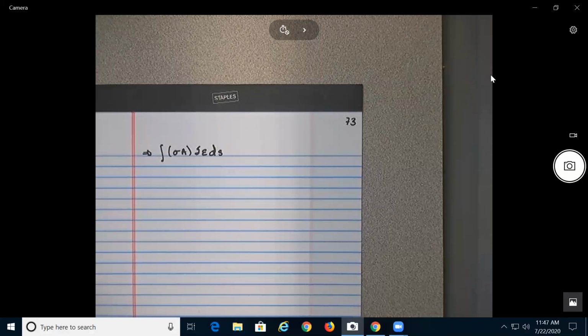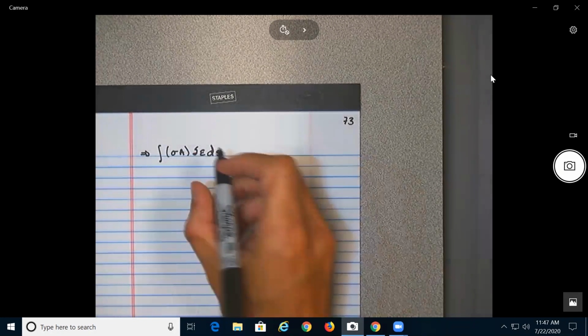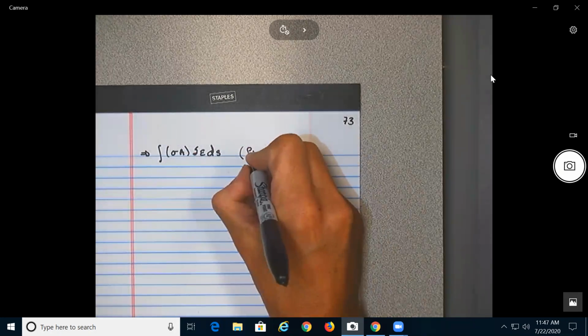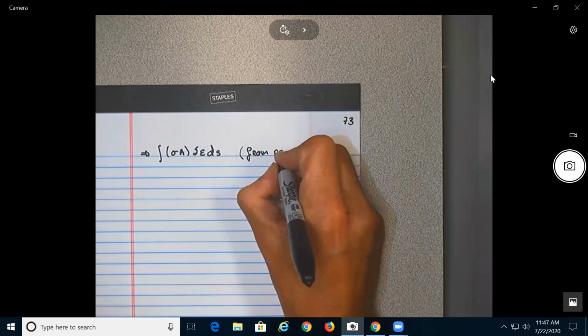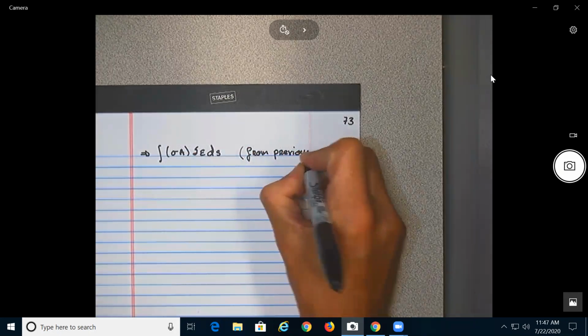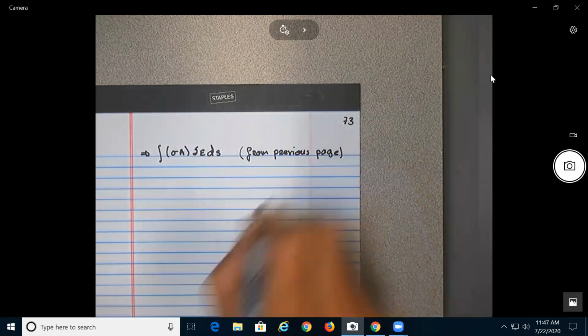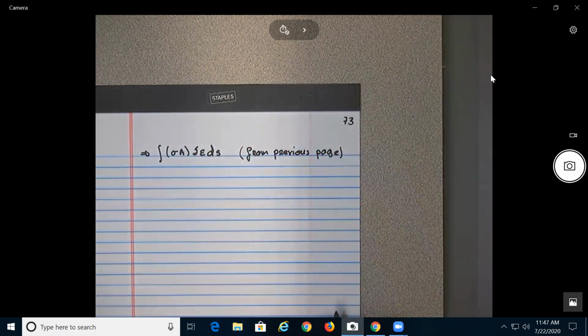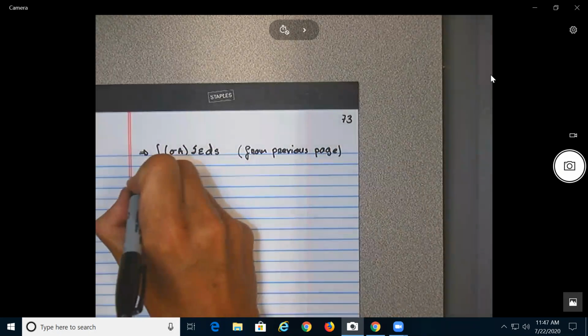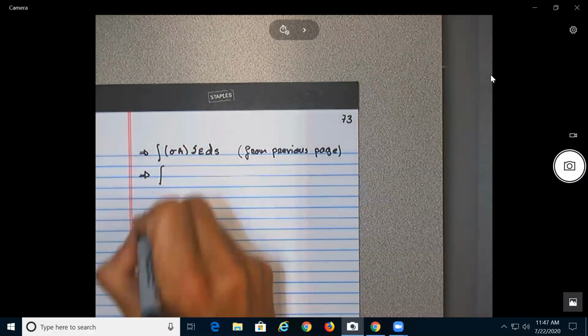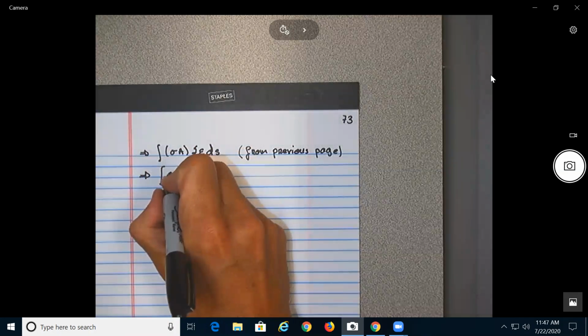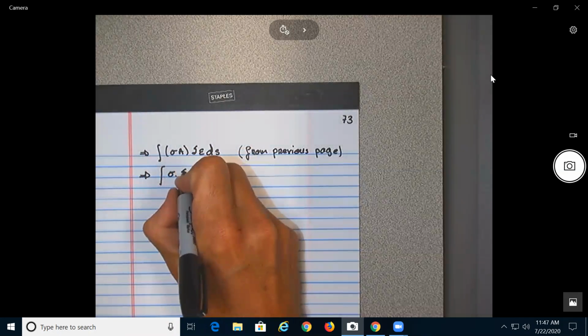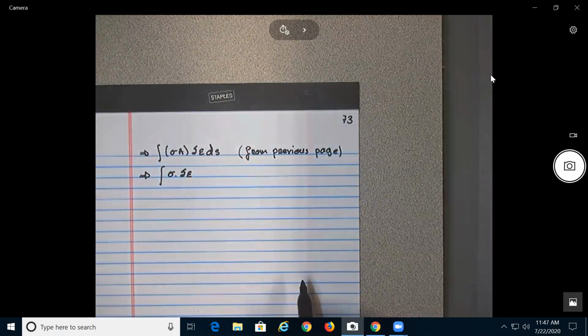So this is from the previous page. All right, so now I'm going to write this a little bit differently. So this will be equal to the integral of the stress times the virtual strain, which is a deformation.